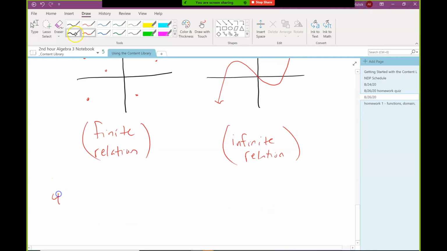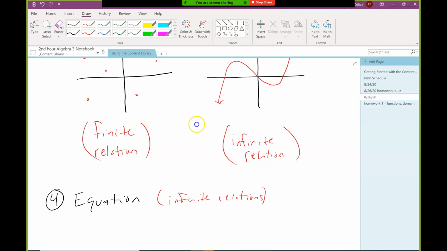And our last of the 4 representations is an equation. So when we talk about the equation, really we're talking about infinite relations only. Right? There's not really a way to write a finite relation with an equation.